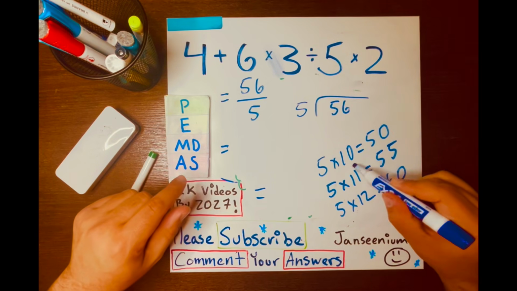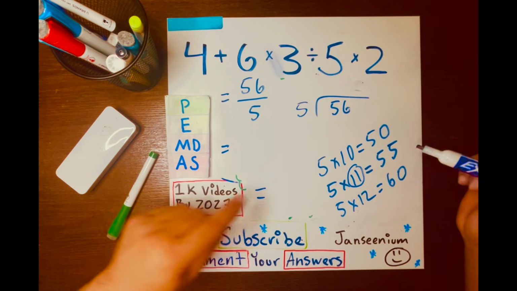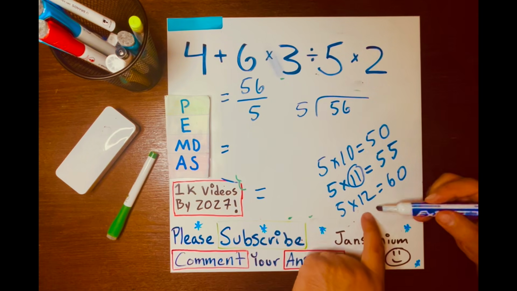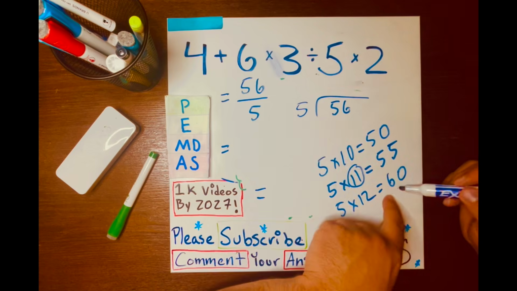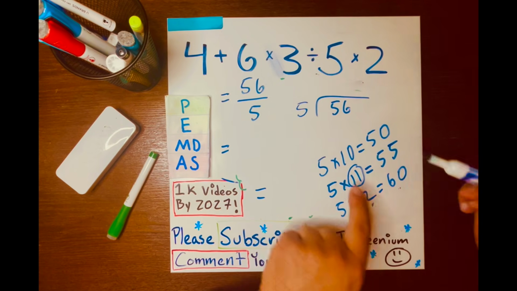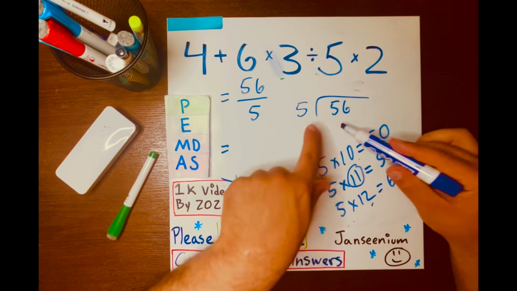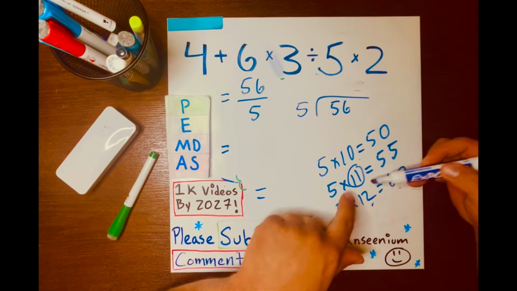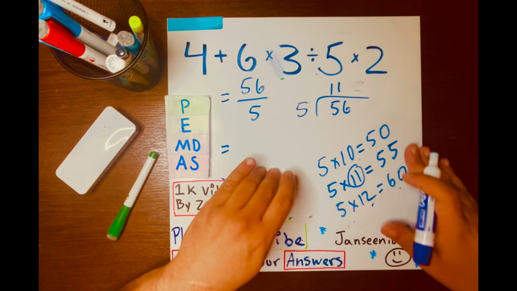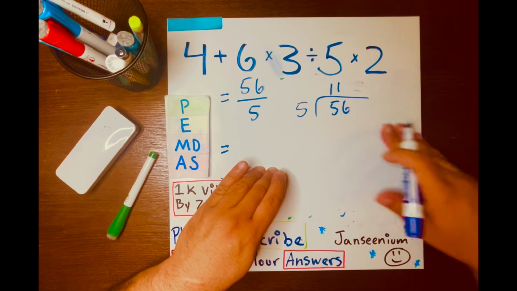So I'm going to use 11 because 55 is the closest we'll get to 56. We can't use 12 because 60 goes over 56. So that will give us a wrong answer. Same with 10. That's too far away from 56. So I'll write the 11 above the long division symbol, and then we erase all this for space.